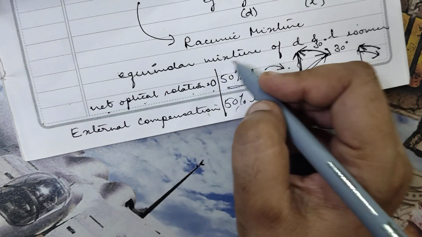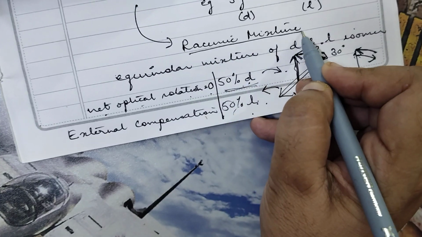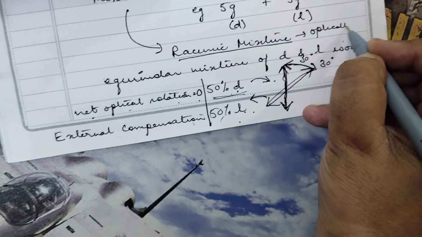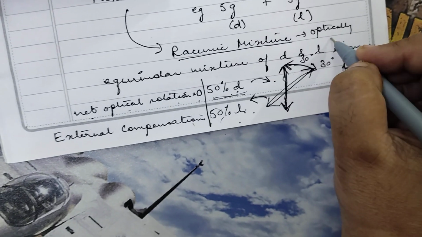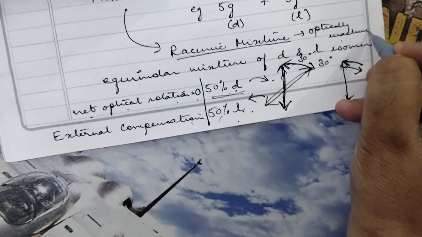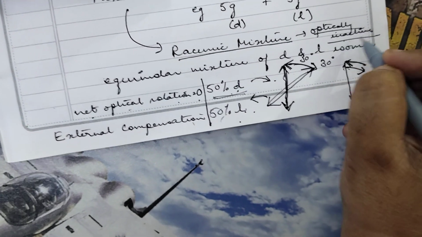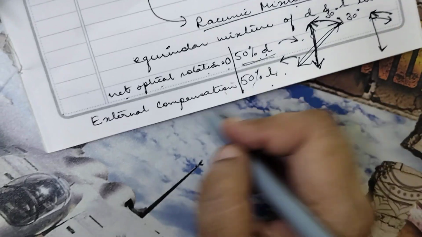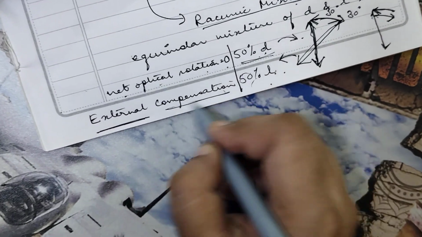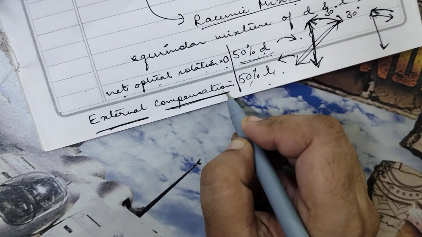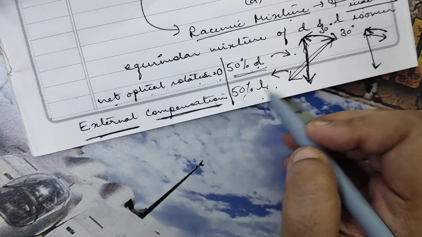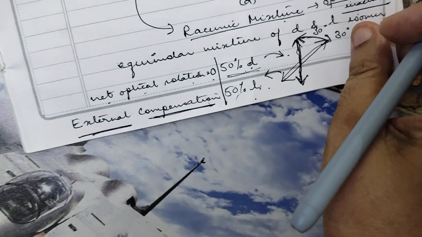So why is a racemic mixture optically inactive? Since it is not rotating the plane finally, it will be optically inactive. What is the reason? A racemic mixture is optically inactive due to external compensation, which means the rotation caused by 50% D is compensated by 50% L, so net rotation will be 0 here.